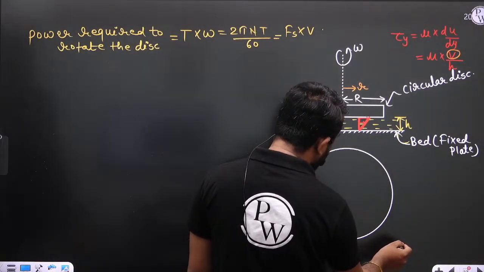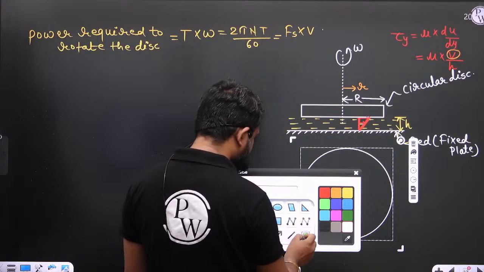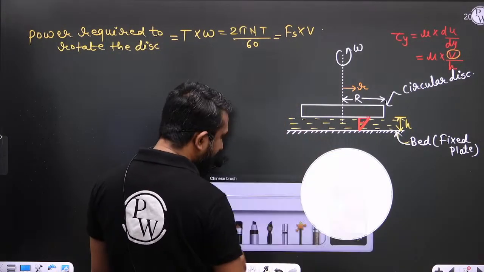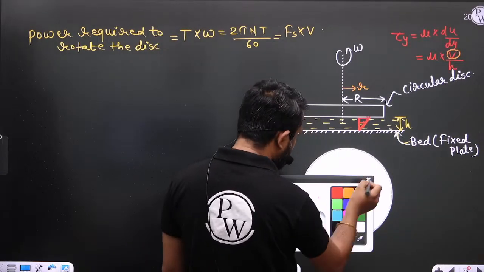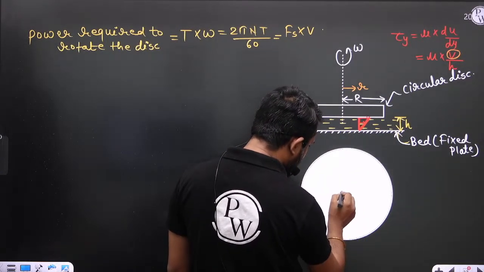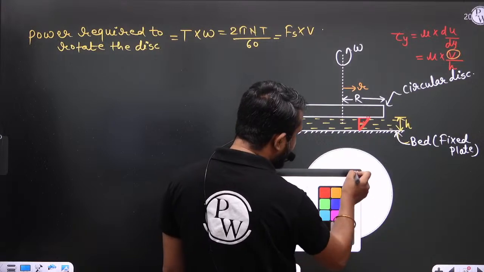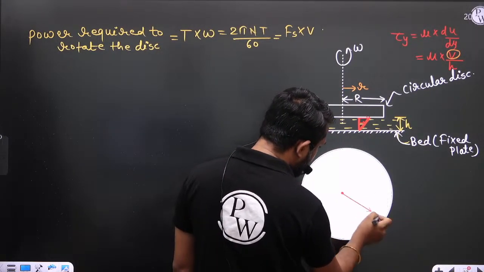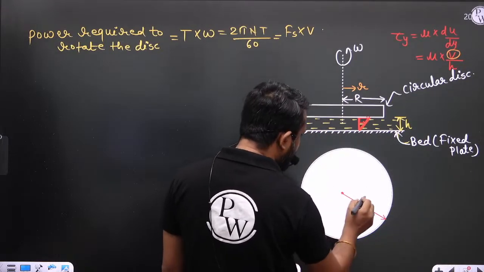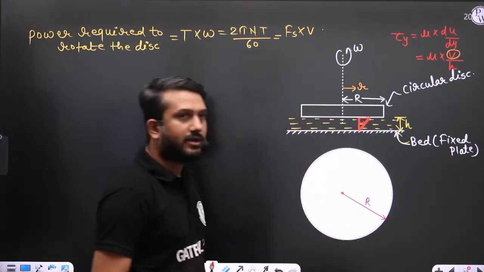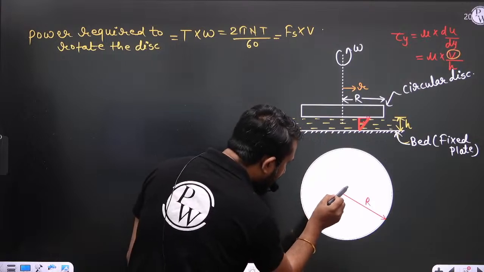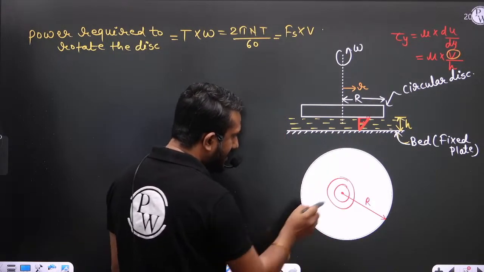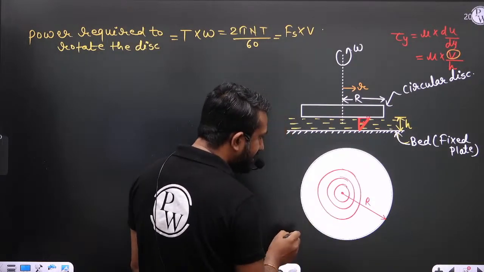This is the center, and this is the radius capital R. That means at this layer the shear stress is different.